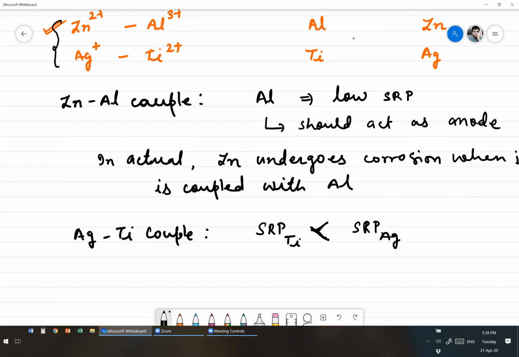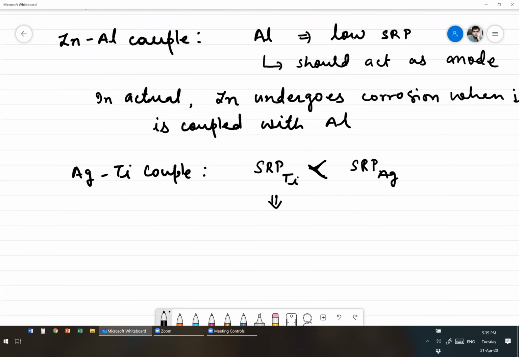So according to the rules of the electrochemical series, it must act as anode, right? It has to act as anode and undergo corrosion. But in actual, silver undergoes corrosion.